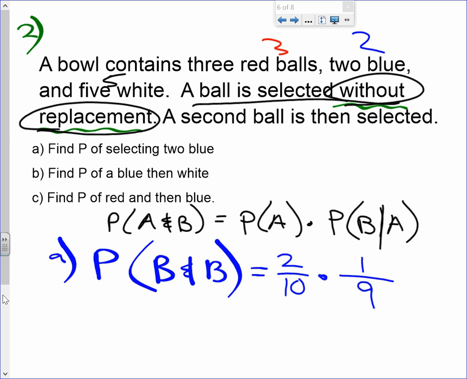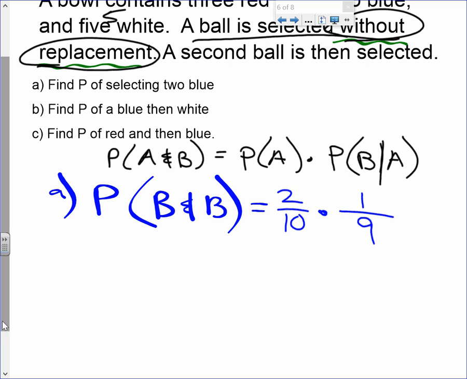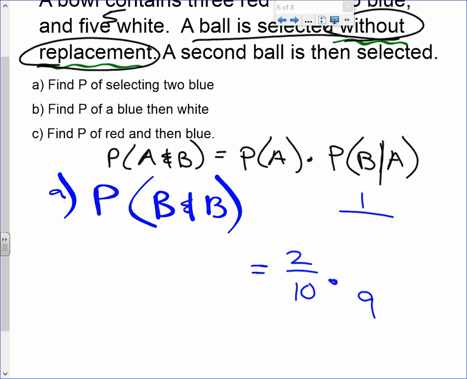So really, let me redo this here real quick. Let me bring this down. Let me finish the formula that I never finished, actually. So this should have been this. If I follow the formula, B and B, this should have been the probability of the first blue ball times the probability of the second one. Look, I'll put B sub 2, given that I got the first one.